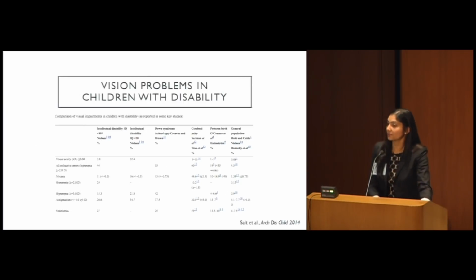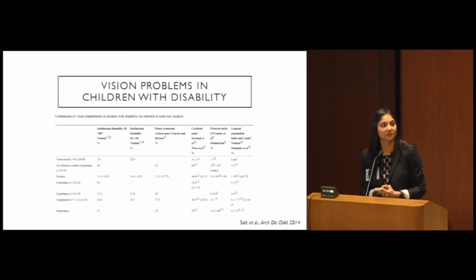So when we think about patients with developmental disability, I'm sorry for the small font on this slide, but I wanted to include this particular chart because I thought it was a very nice summary of the types of vision impairment that we see in patients with various forms of developmental disability compared to the general pediatric population.